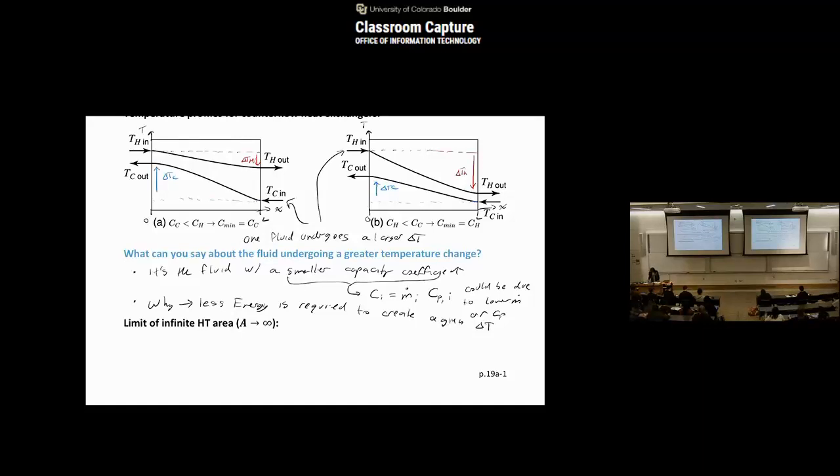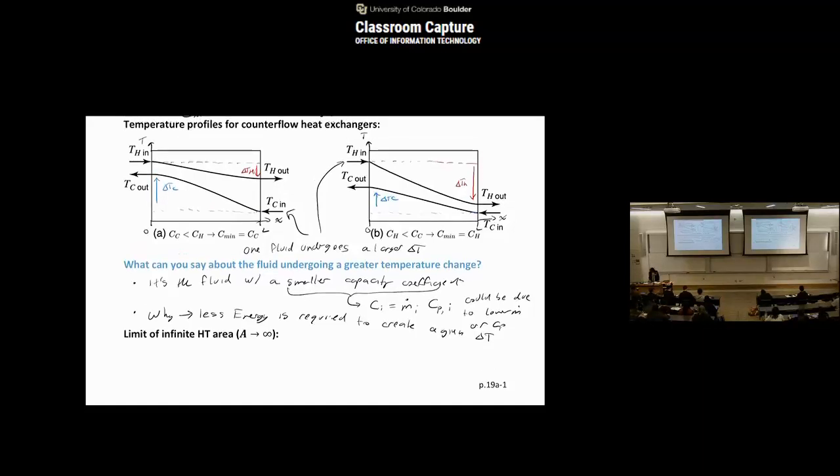If we take this length L and stretch it out to infinity, so our fluids are in contact forever, you can see that for the case on the left, where my cold capacity coefficient is my C sub min, my cold fluid is going to come in and go all the way up and get almost to T_H in. The longer my fluids are in contact, the closer the temperature of the cold outlet fluid gets to the hot inlet temperature.